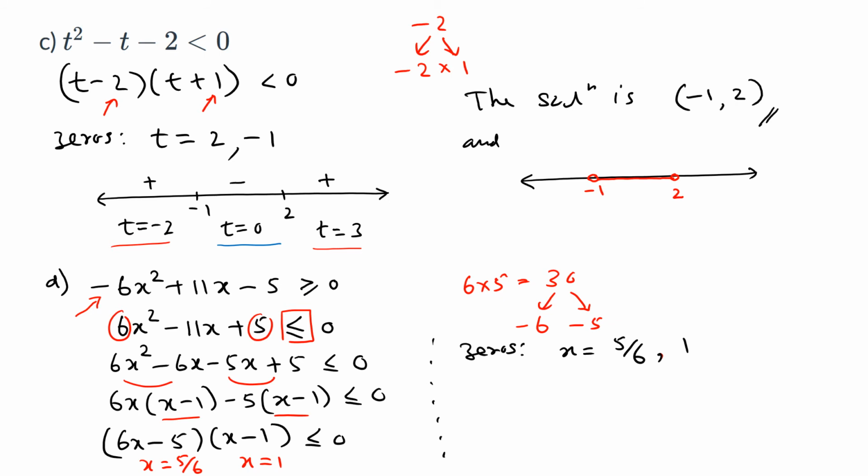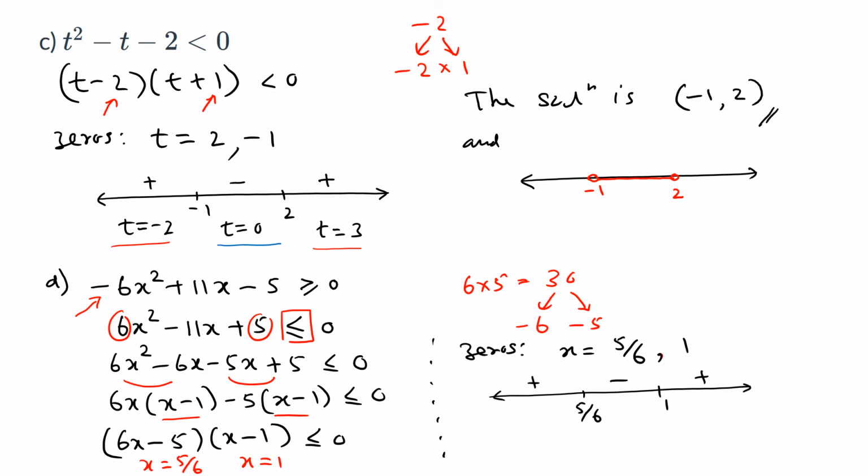What we do, we're going to draw them on a number line, smaller to larger. So that means 5 over 6 and then 1, and then we know by theory, from the discussion we had, that from larger to larger is positive, smaller to smaller it is positive, and it's negative inside.